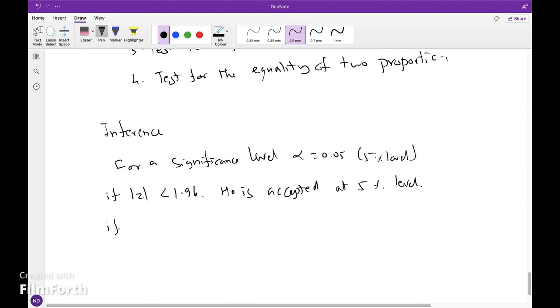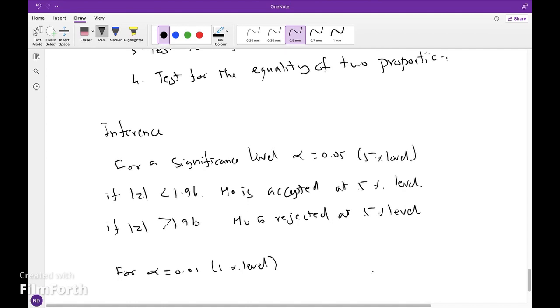If modulus of Z is greater than 1.96, H naught is rejected at 5% level. Suppose alpha is 0.01, that means 1% level of significance.